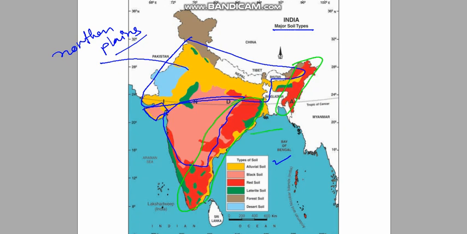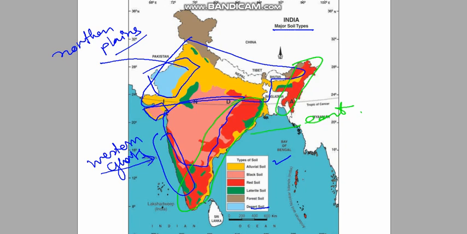Next is laterite soil, which is available in very less quantity. You can see it is near the Western Ghats. And the last one is desert soil, which is available mainly in Rajasthan.